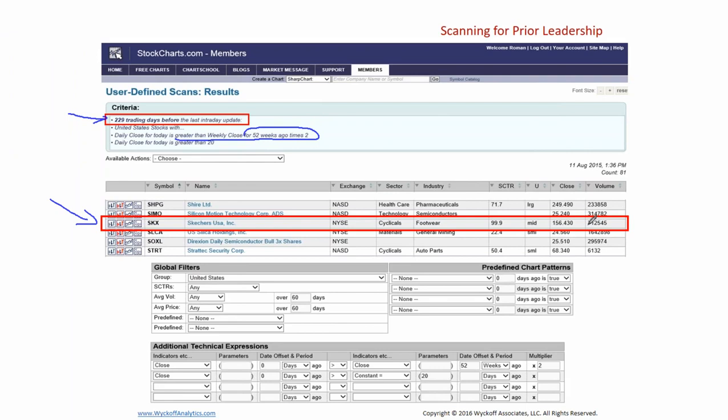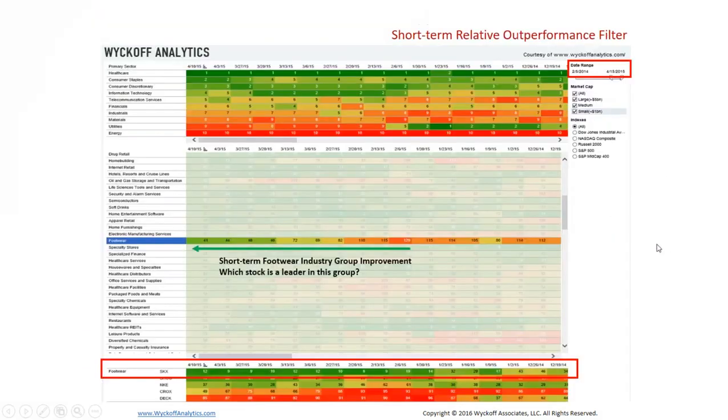And it shows me that prior outperformance, prior leadership, and I could definitely use this to identify that prior leadership and to look into the structure of the stock and to define whether it's the time for the reaccumulation to leave the trading range and for the price to resume its uptrend. Again, just different tools here that I'm showing. I've shown you the heat map, so I'm not going to really show you a lot of the additional tools here with the heat map.